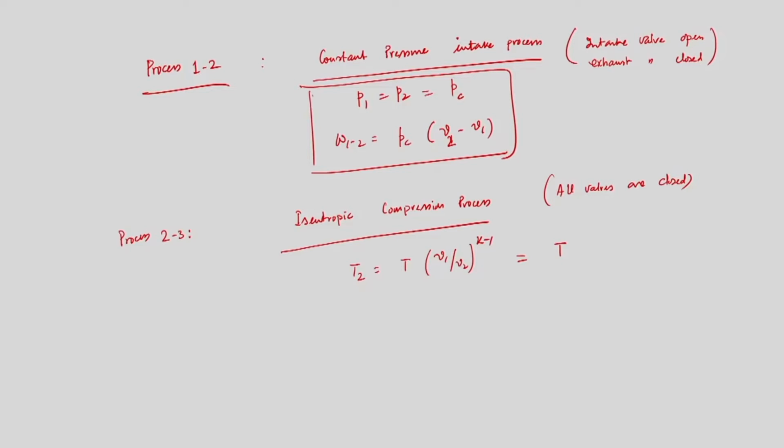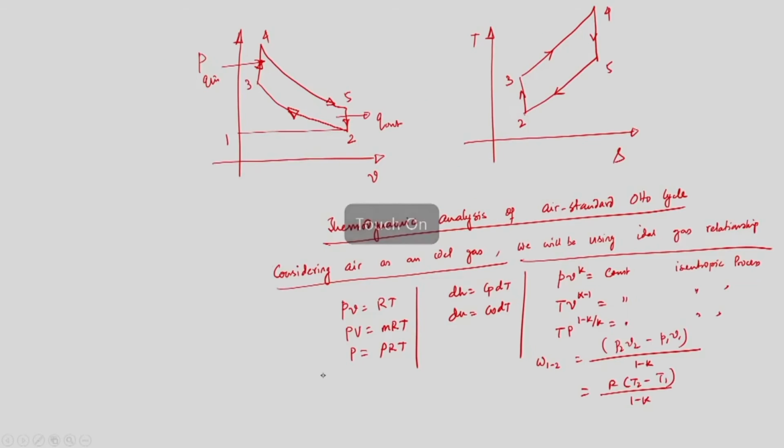If we go back to the previous slide, V2 by V3 is the compression ratio.